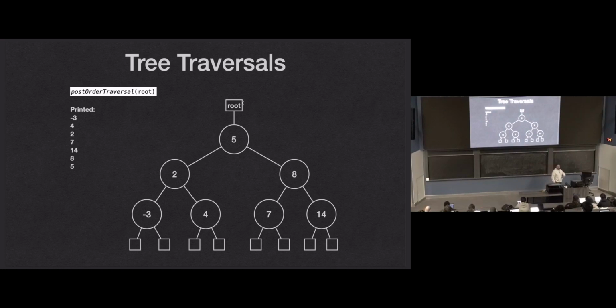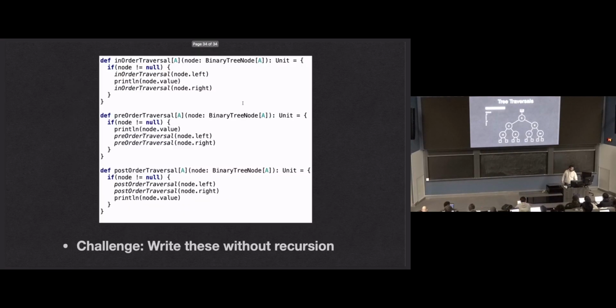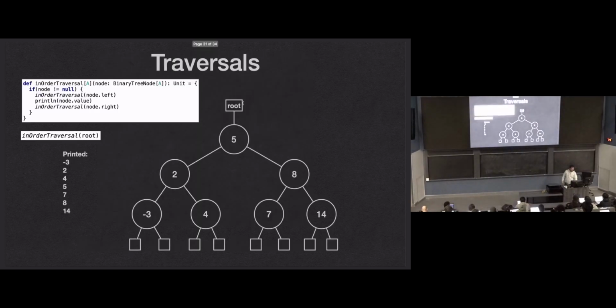Now, I promised I'd come back to the expression tree. With an expression tree, if I do an in-order traversal, I'm going to print out my equation in infix notation, which is how we're used to seeing equations. We would have to modify this a little bit to add parentheses to make sure we don't lose our order of operation, but we would get things in the way that we're used to seeing them.